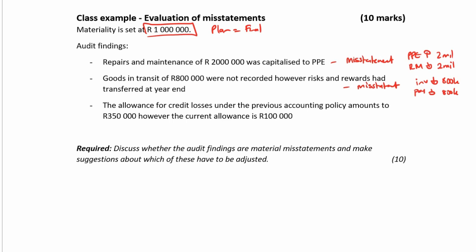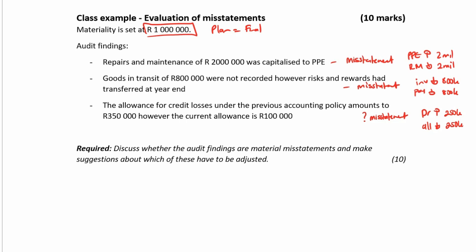And if their goal was to try and reduce the allowance and increase their debtors, this is a way that they could do this. So all I'm going to say here is that there's a potential misstatement where debtors is overstated by 250 and my allowance is understated by 250.